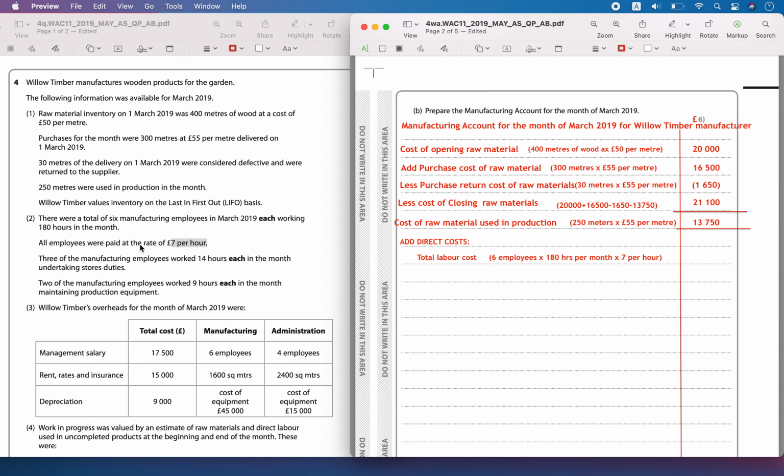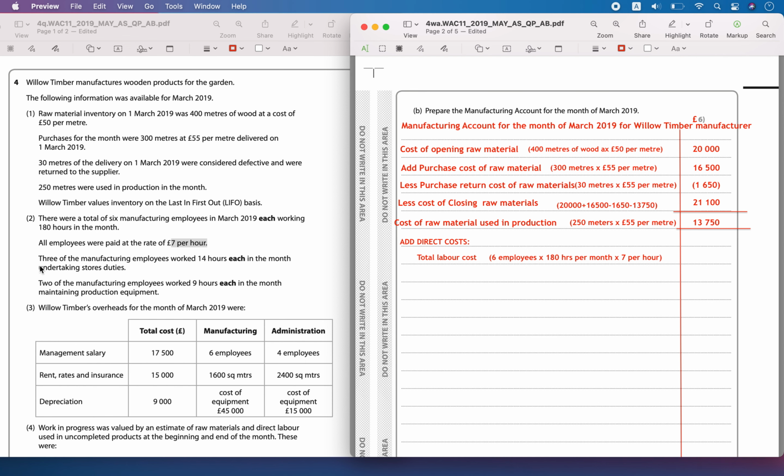Out of that, 3 of the manufacturing employees are also working for store duties and 2 of the manufacturing employees are working to maintain the production equipment. So these 2 are the indirect labor costs. It is not related to manufacturing. We have to calculate the direct labor cost for manufacturing.